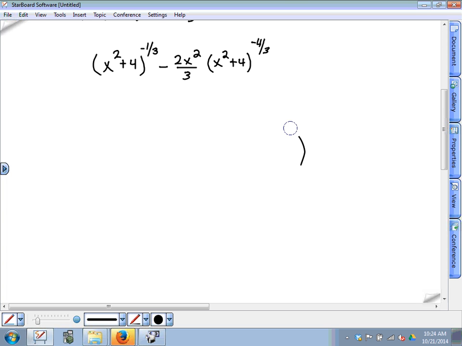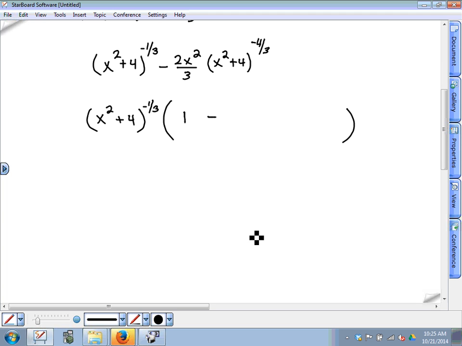This is something that you will be expected to do on your homework and on your test. If you have something like this with common factors, we have to figure out some way to factor them out. So for example, what if I factored out x squared plus 4 to the negative 1/3?